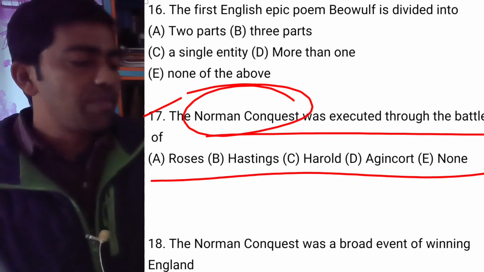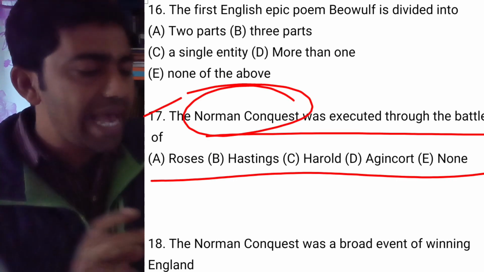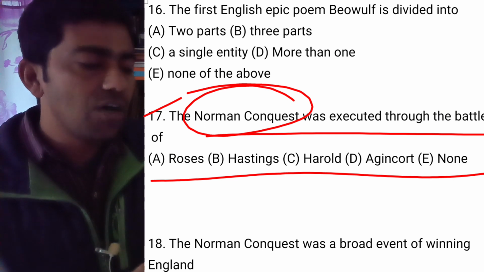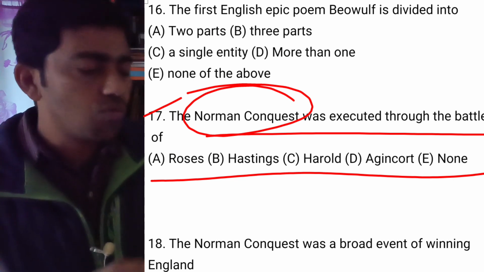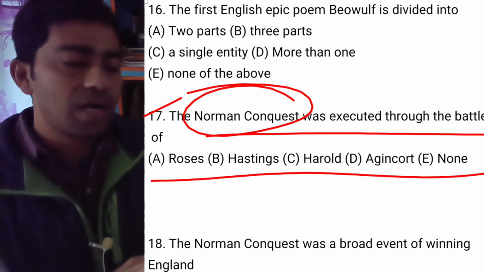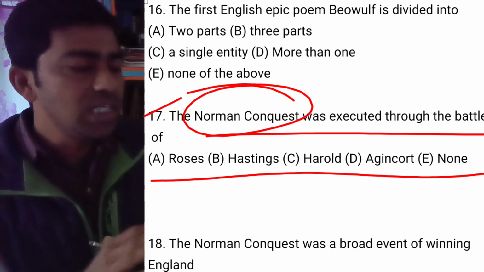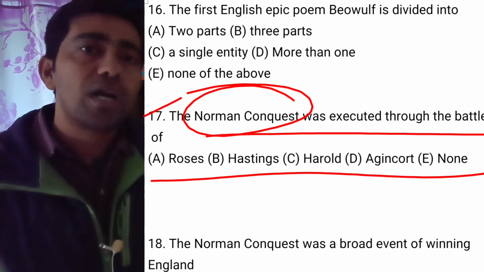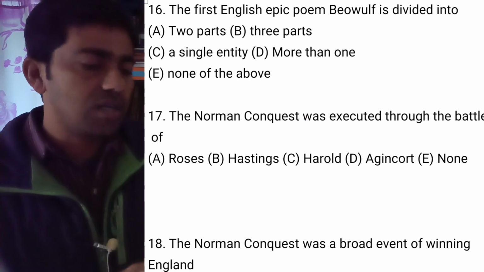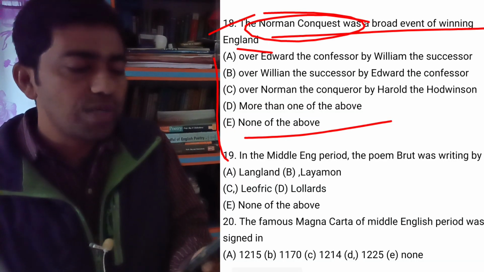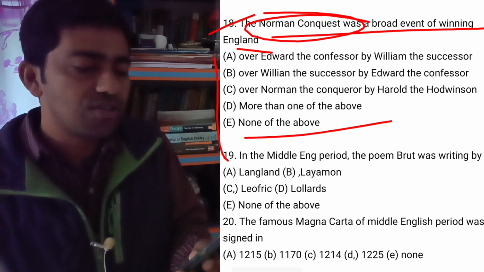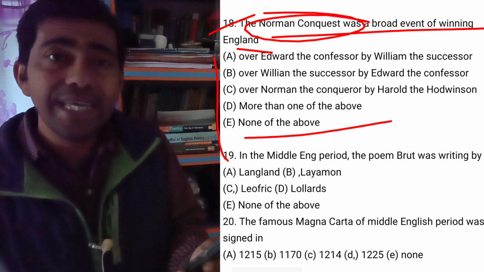Number 17. The Norman conquest was executed through the battle of Roses, battle of Hastings, battle of Harold, battle of Agincourt, none. Okay, 18. The Norman conquest was a broad event of winning England.